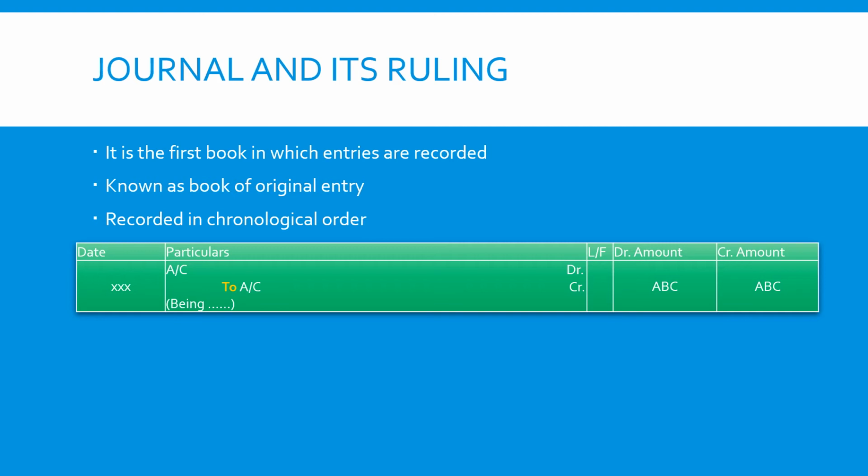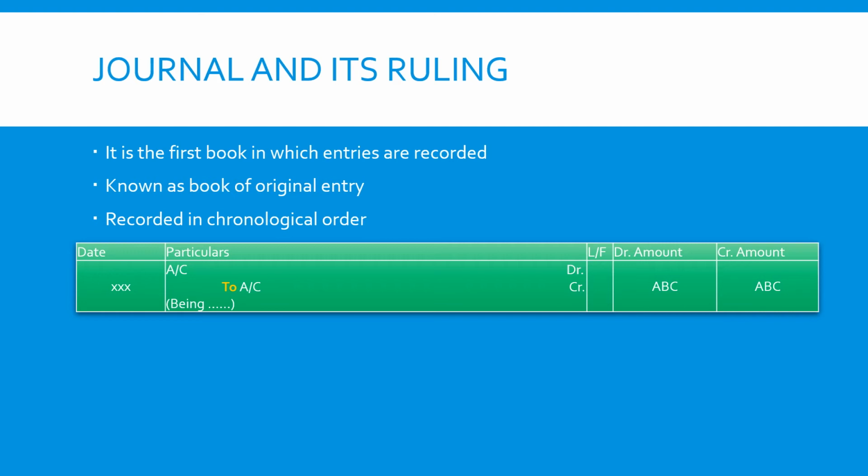This is how the style should be for any journal entry. We write the account, and on the same line at the right side top corner we write Dr, which means debit, and the corresponding credit account should start with 'To'. I've highlighted it in another color so that it catches our eye.